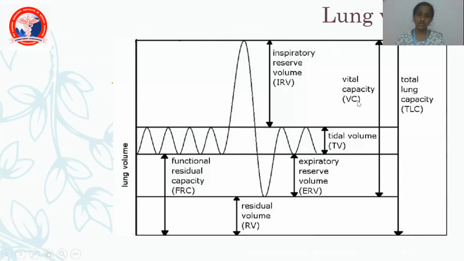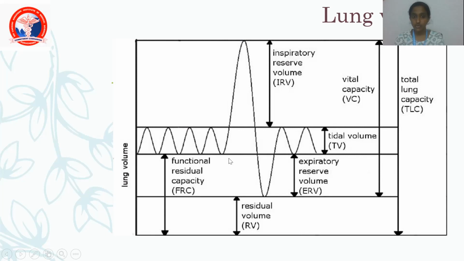So this is a combination of all the volumes and capacities in a single diagram. This is the normal tidal volume, the volume of air that we normally inhale and exhale out of the lungs. The maximum volume of air that can be inhaled after a tidal volume is the inspiratory reserve volume. Whenever we add tidal volume with the inspiratory reserve volume, that becomes the inspiratory capacity.